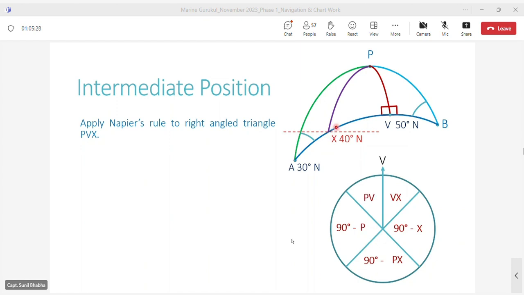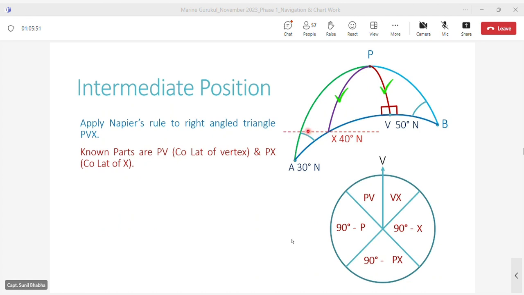Now in this triangle, the known parts are side Papa Victor. Papa Victor is the colat of the vertex which has been obtained. So we know side Papa Victor. So let's put a green tick mark here. And the second part which we know is Papa X-ray.